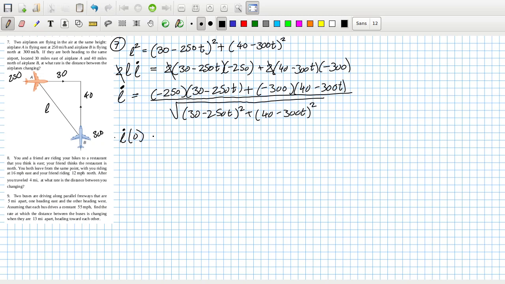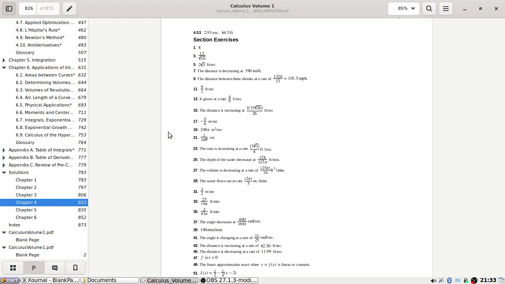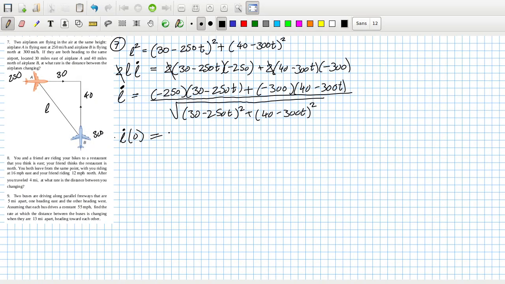So at t is 0, let's take out the old calculator. Minus 250 times 30 minus 300 times 40 over root 30 squared plus 40 squared. Minus 390. At what rate is the distance between the airplanes changing?